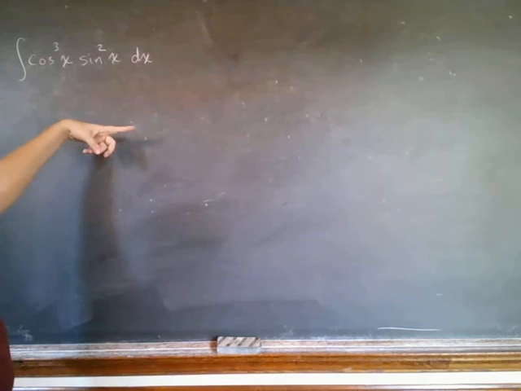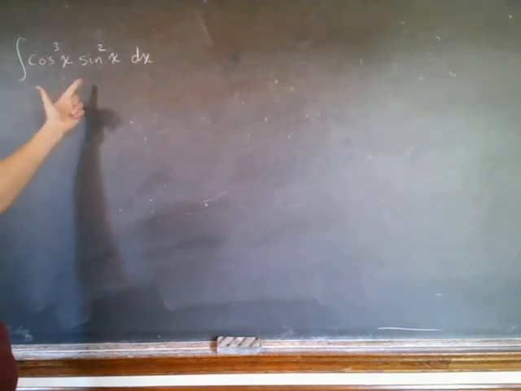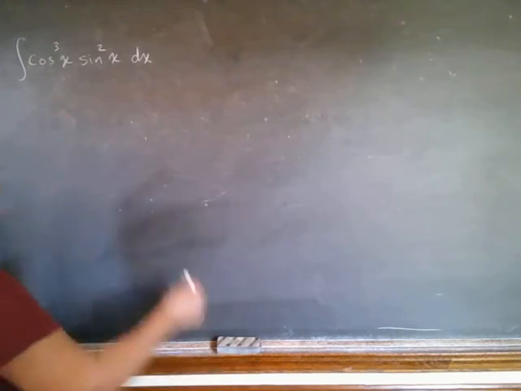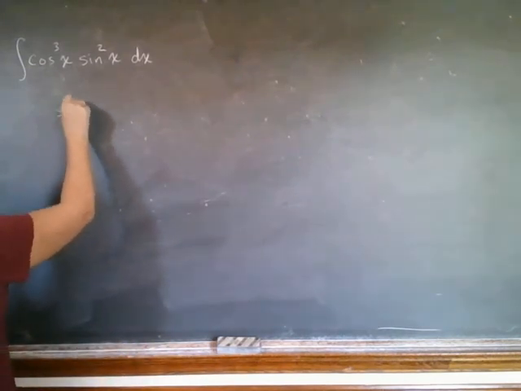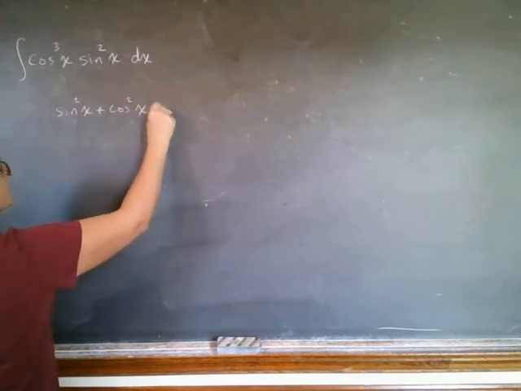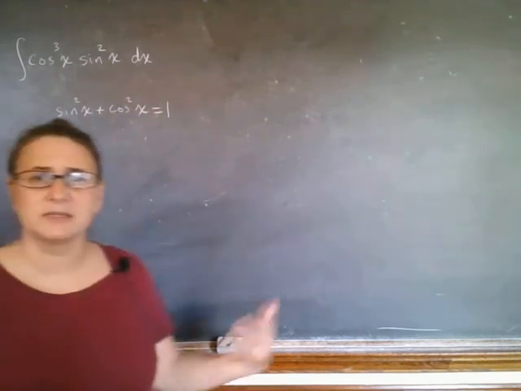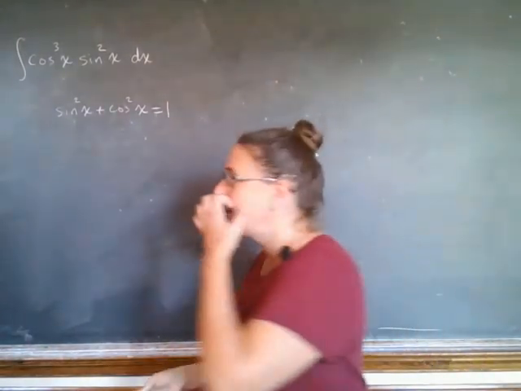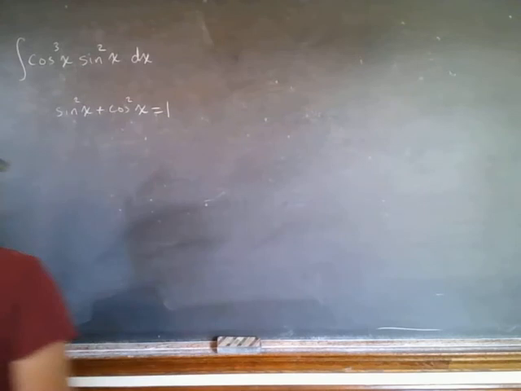So if I break off one sine to be my du, I'll have another single sine, which doesn't help me, because my Pythagorean identity uses sine squared and cosine squared. It doesn't tell me anything about sine just by itself. I can't do anything with sine by itself. So that's my problem.